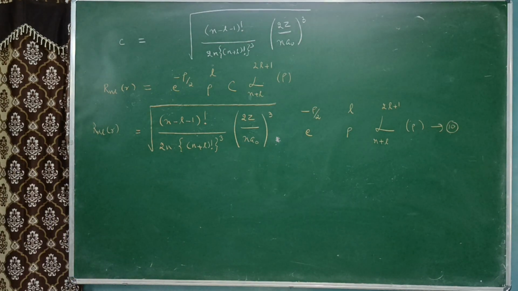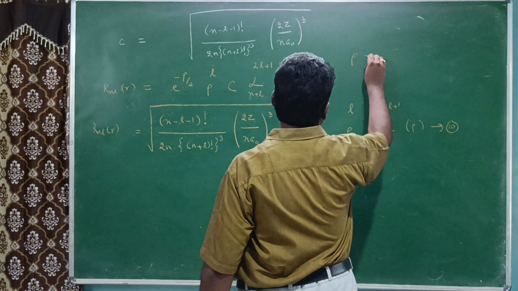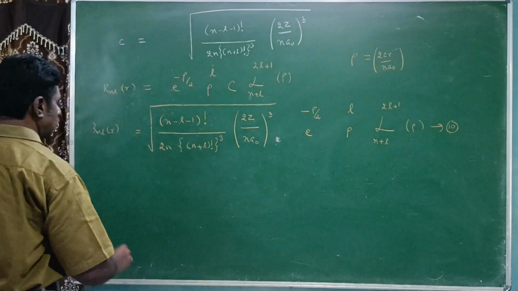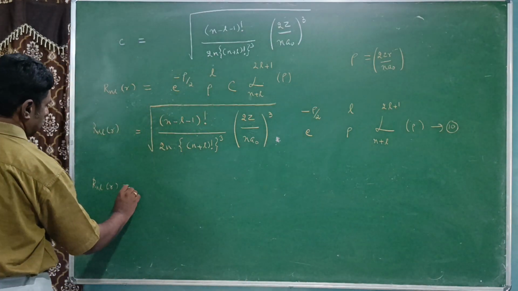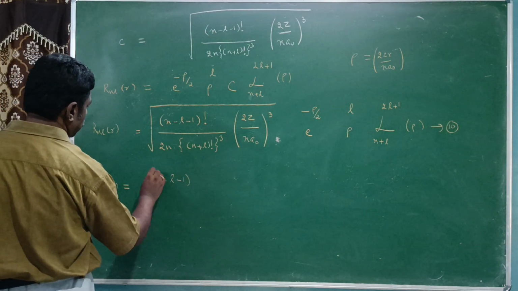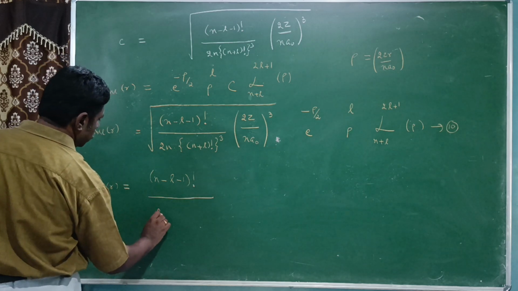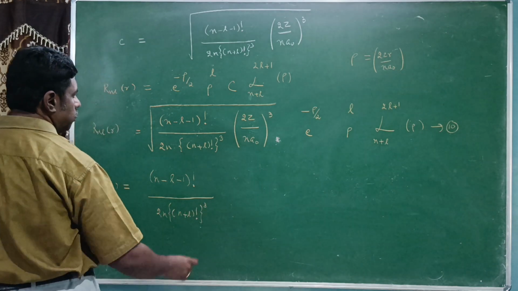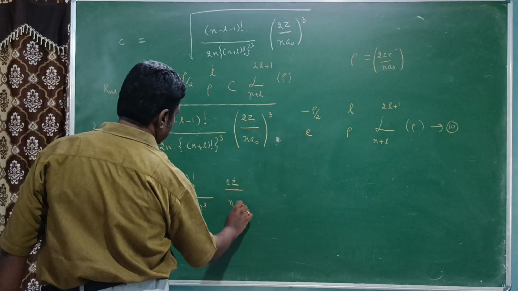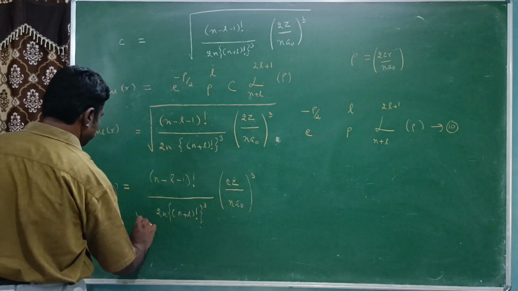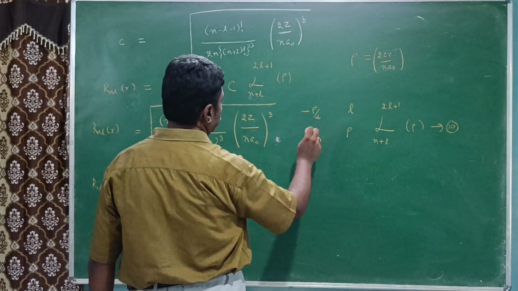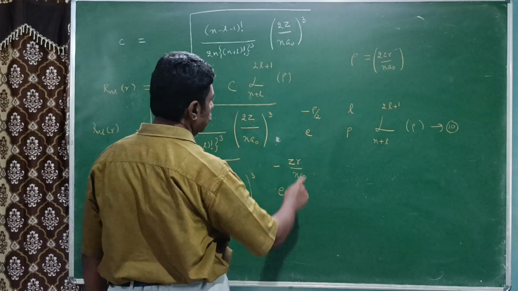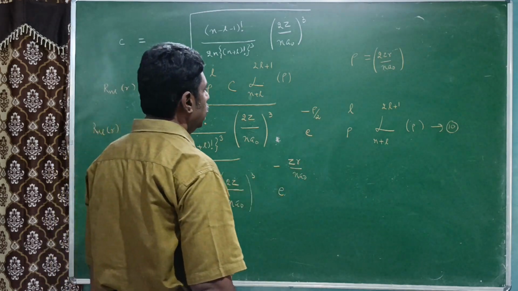You know that rho equal to 2Zr by n a0. Now the above equation is modified as R_nl(r), which is equal to (n minus l minus 1) factorial divided by 2n into (n plus l) factorial whole cube, (2Z divided by n a0) cube, inside the root, e power minus rho by 2, that is e power minus Zr by n a0, because rho is 2Zr by n a0, so minus rho by 2 is minus Zr divided by n a0.